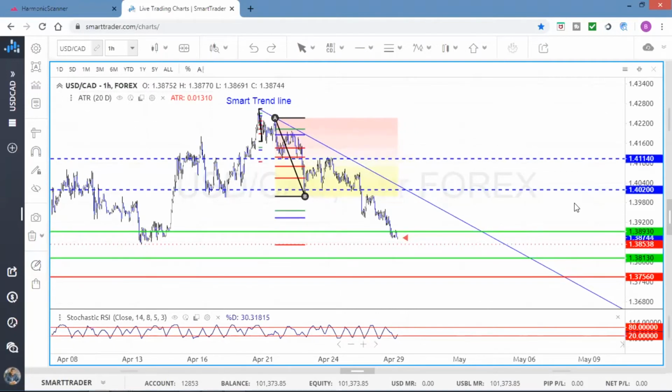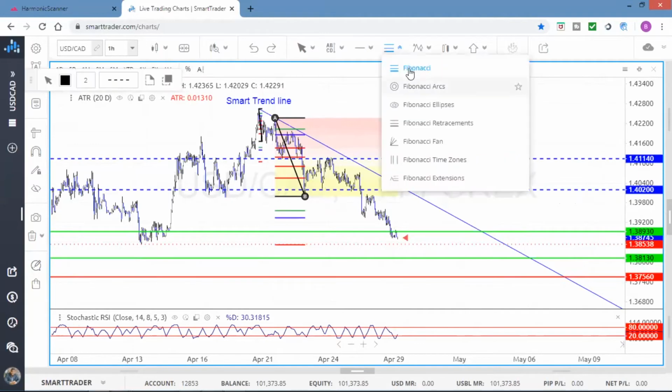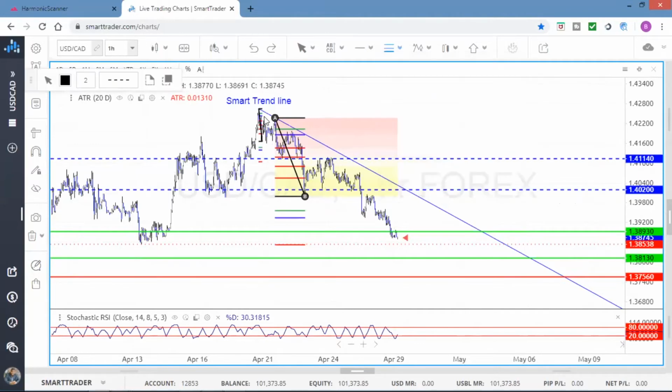Okay. So we don't see it yet because that D extension hasn't been hit quite yet. But what I'm going to do is transpose all of this down to the lower time frame, to the 15-minute, and show you exactly how we play these setups. So we're going to trace this over. Now you don't have to.